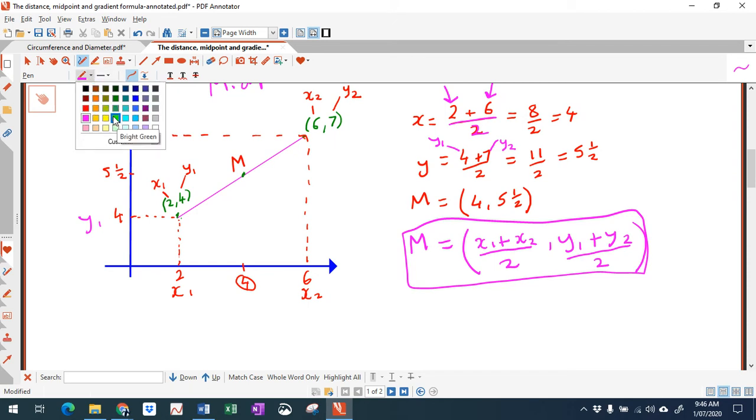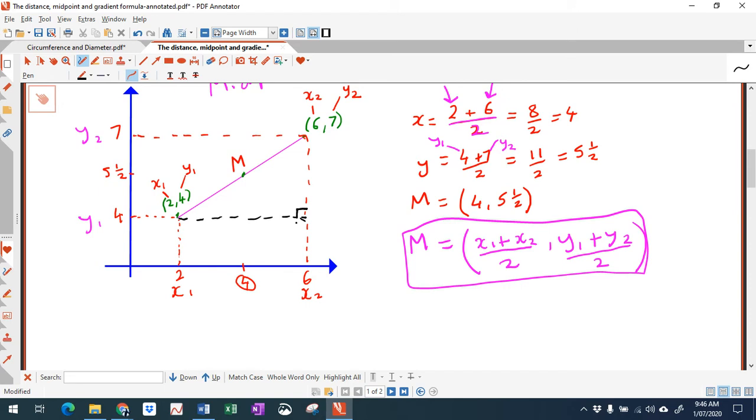And let's change it to blue, that will do. Okay, now what we'll do is just dot in a right angle triangle here. So we're going to do the gradient formula now. Now, we need to dot in a right angle triangle.